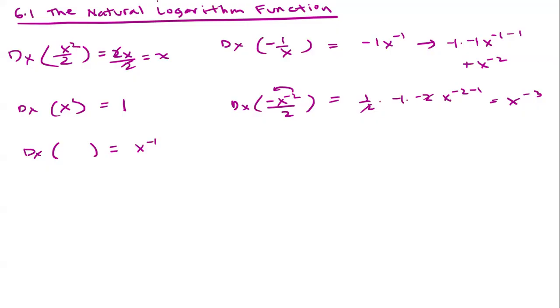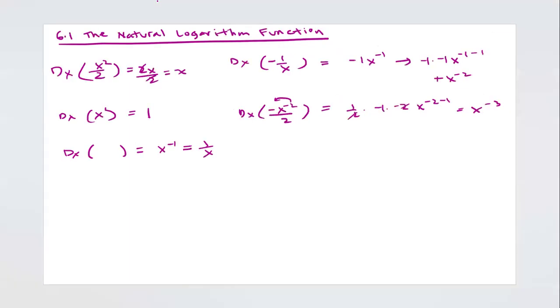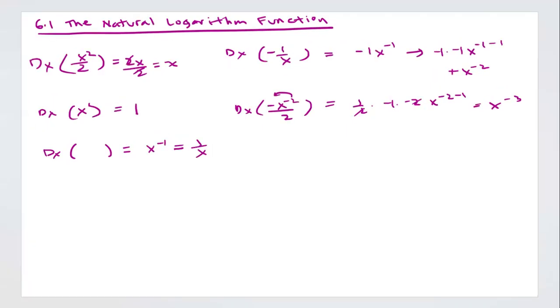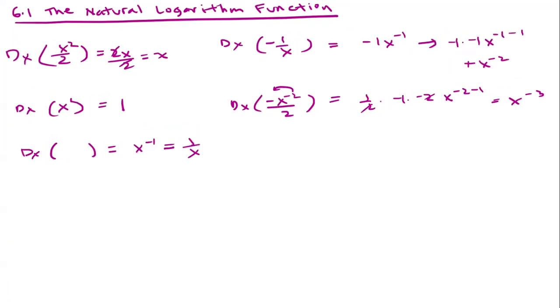Another way I can rewrite x to the -1 is 1 over x. So we're trying to figure out whether there is a term whose derivative produces 1 over x. In this case, there's nothing. There's no x term that I can use that will produce this.